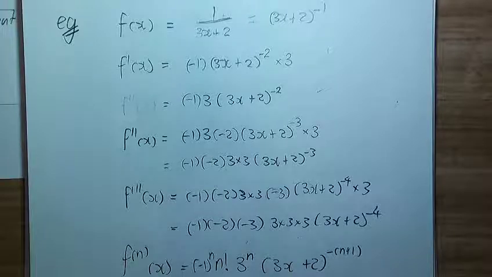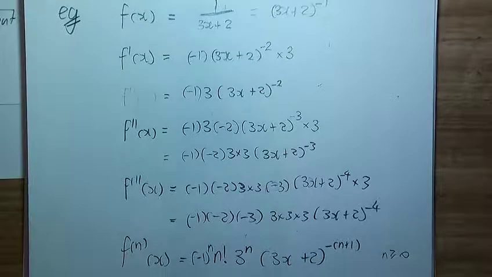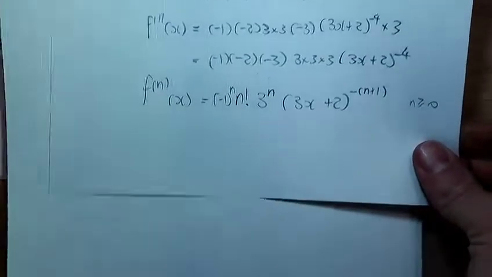Okay, so it even works when n is 0. Sometimes it won't match the 0th derivative or the first derivative, and it'll only start further up, and so you have to calculate those ones separately.